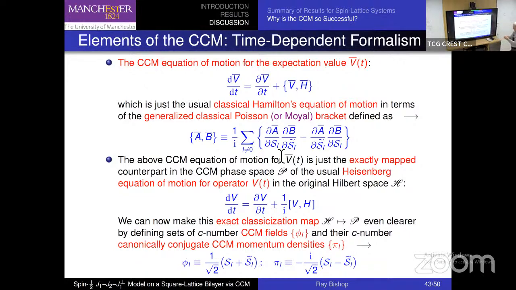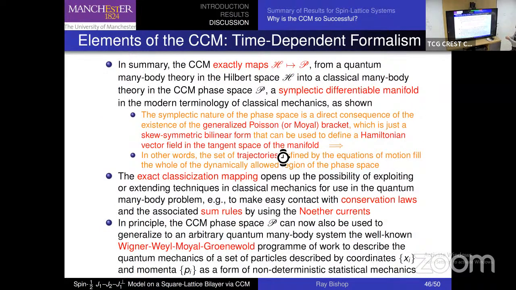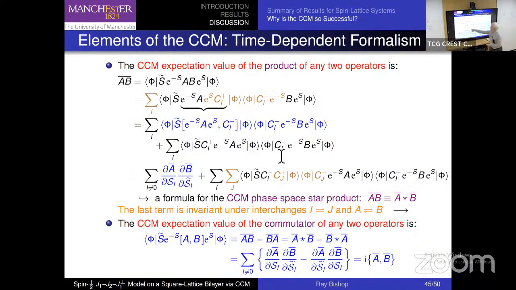Oh, I've gone back too far. Sorry. This commutator. And you can see, where do the S tildes appear? Well, they appear in here and in here. This one has the minus sign, this one has the plus sign.